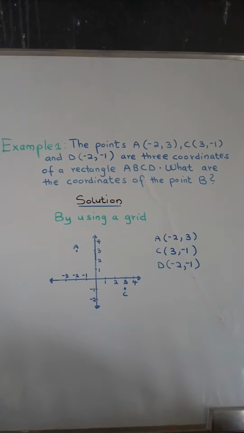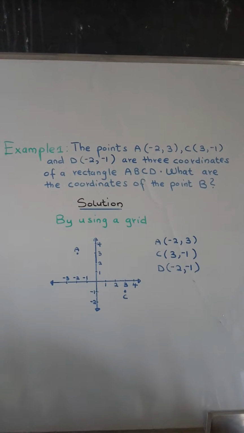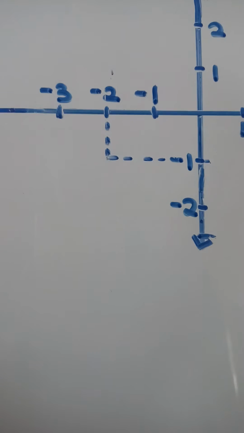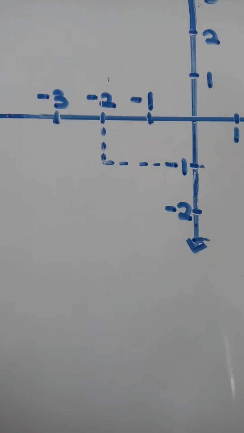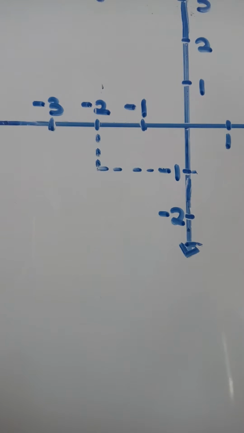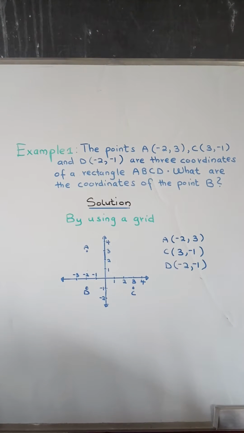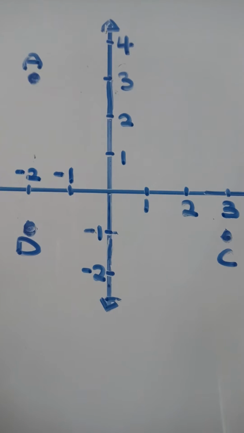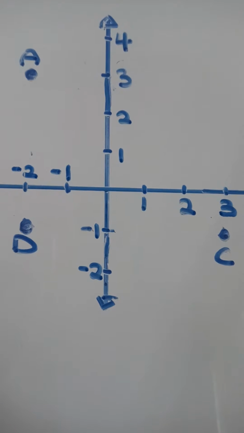Point D is (-2, -1). X is -2 and Y is equal to -1. Point D. So we have to connect the points so as to form a rectangle.